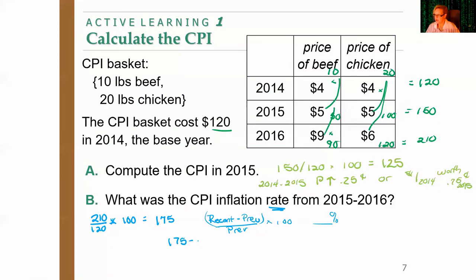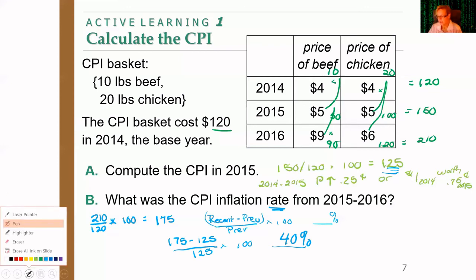I'm going to subtract 125, because that was my CPI in 2015 right here. Divided by my previous year, 125, times 100, and express it as a percentage. So I get 50 divided by 125, how about 40%? So the inflation rate from 2015 to 2016 was 40%.